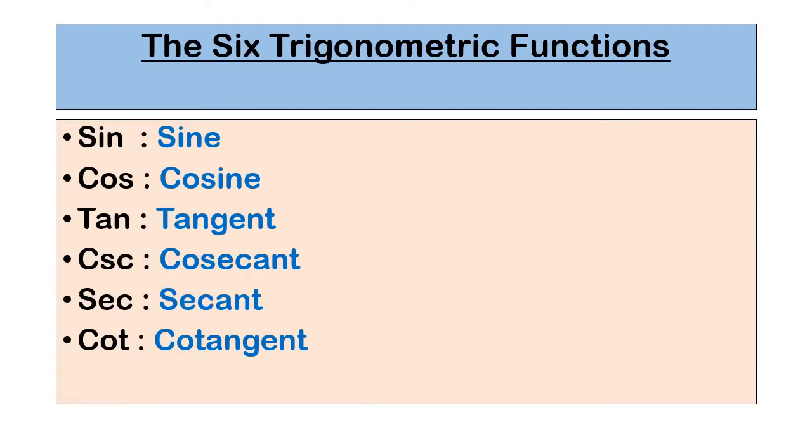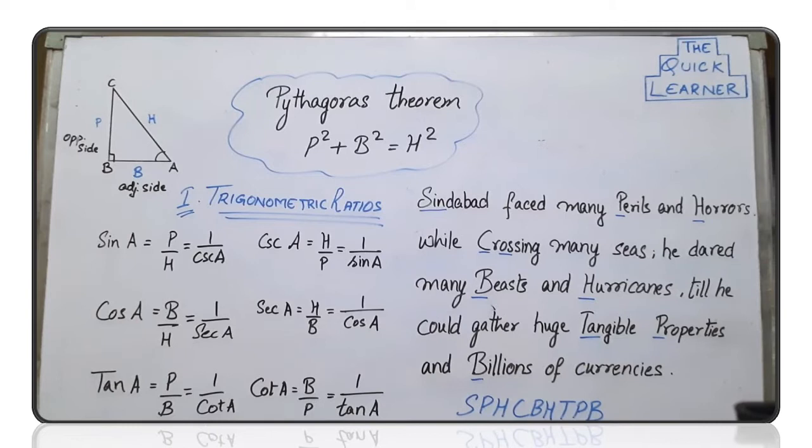In this lesson, we will be using the short forms of the six trigonometric functions. They are sine, cosine, tangent, cosecant, secant, and cotangent. Now coming to the first concept of trigonometry, that is the trigonometric ratios. There are six trigonometric ratios: sine, cos, tan, cosecant, secant, cot.